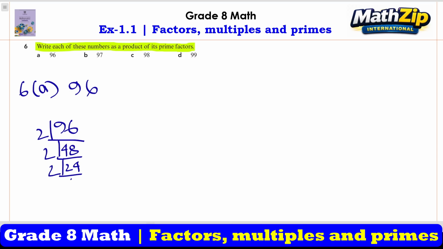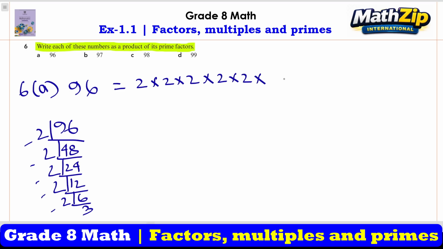Divide by 2, 12. Divide by 2, 6. Divide by 2, and finally 3. So we can write 2 times 2 times 2 times 2 times 2 times 3. So 96 is done. If you want, you can write 2 to the power 5 times 3.